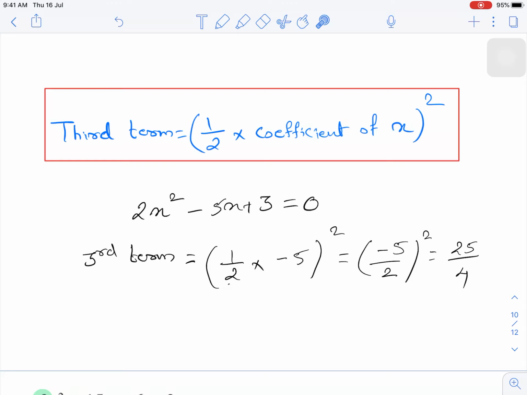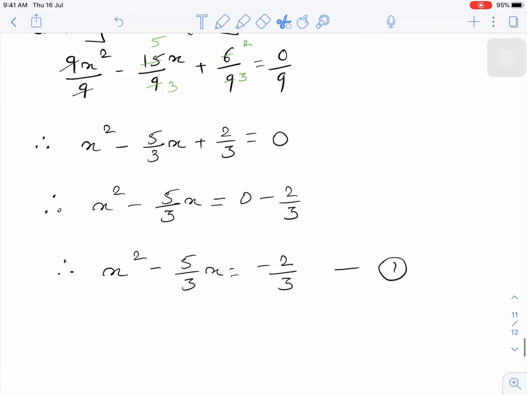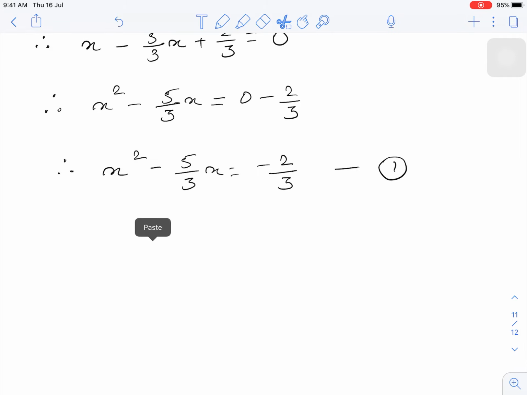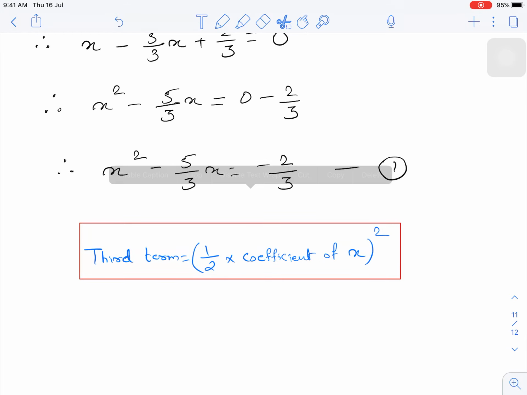Now the third term equals half into coefficient of x, bracket square. Every time we have to write this formula. So that equals half into, in this equation the coefficient of x is minus 5 upon 3.